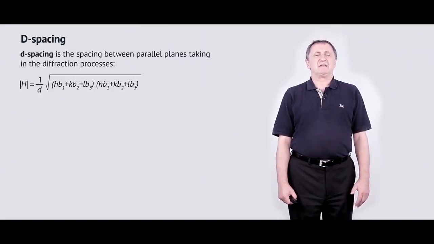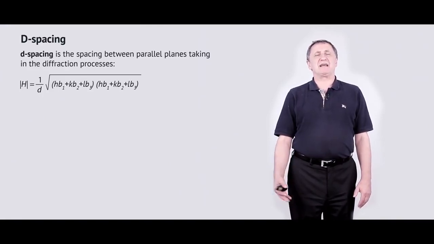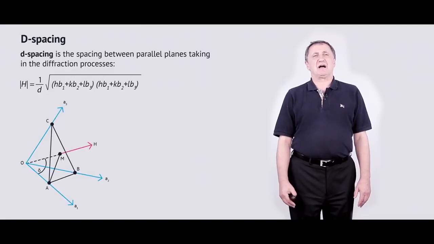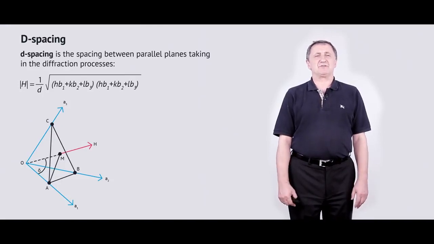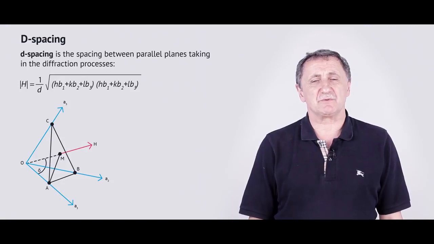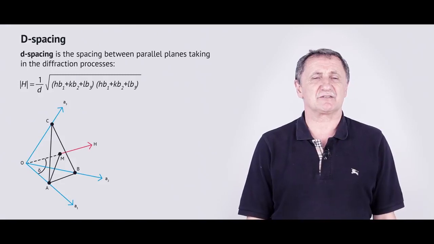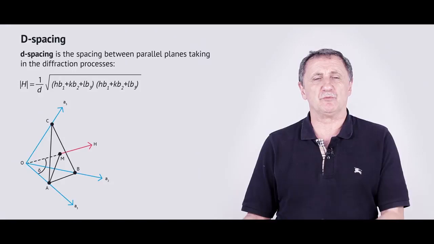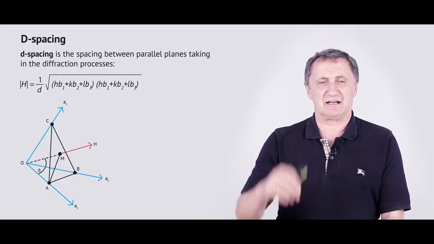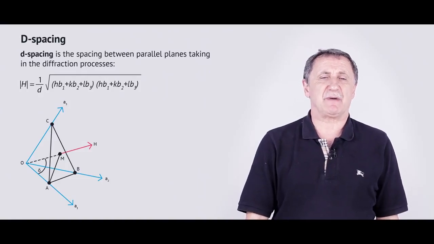In this cubic structure you can find very many different planes, which are characterized by the Miller indices H, K, and L, as you know. These Miller indices, which correspond to any sets of planes inside any crystal structure, are related through the parameters of the cube, let's say a, the size of the edge of the cube, and the so-called d-spacing.